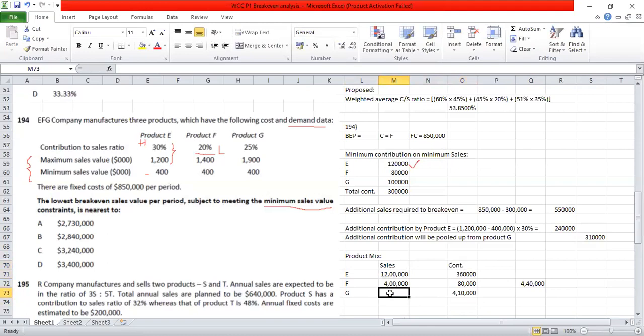To have the total sales, already here we have it as 400,000. So altogether, if the contribution generated is 410,000, the amount of sales would be 410,000 divided by 0.25.